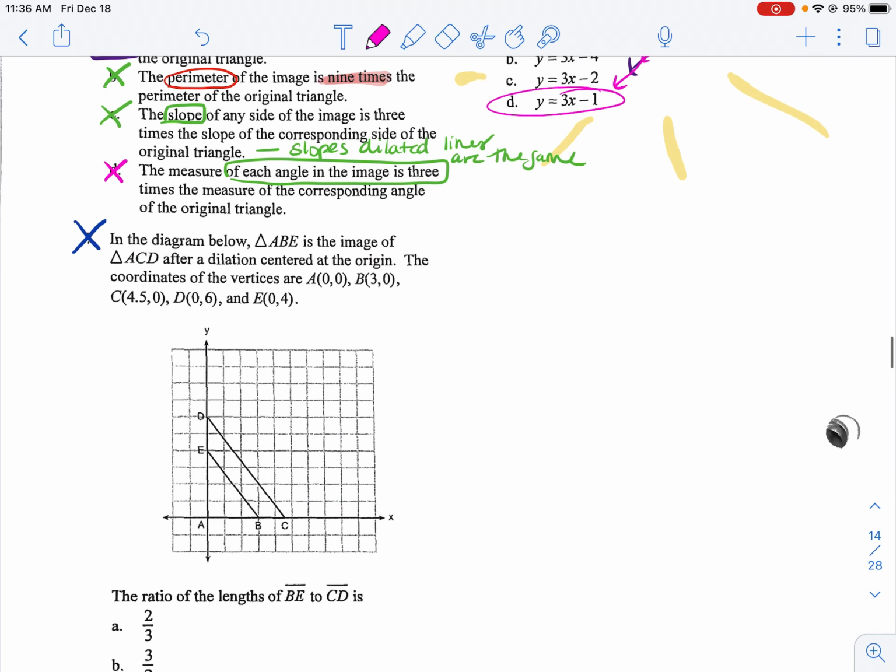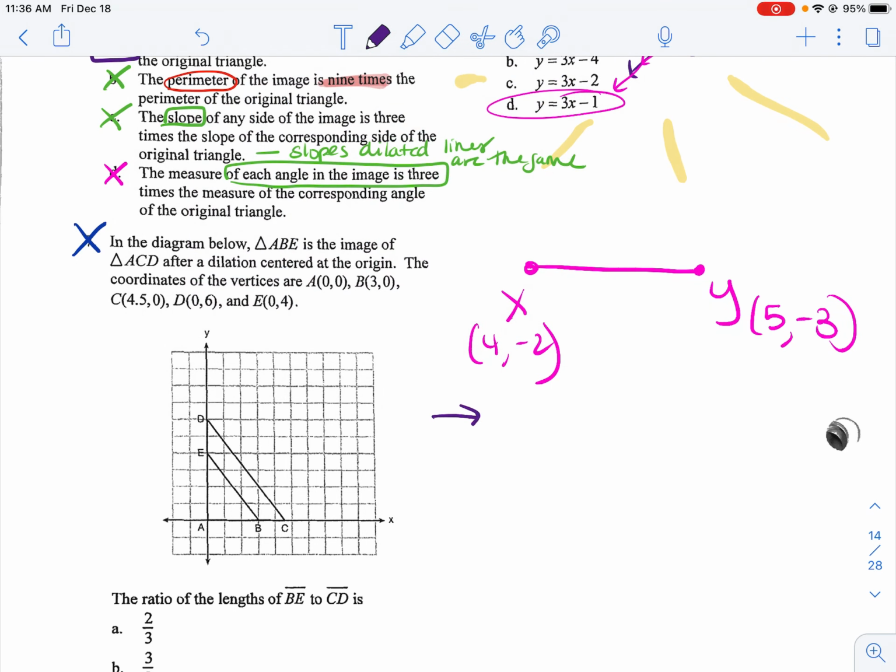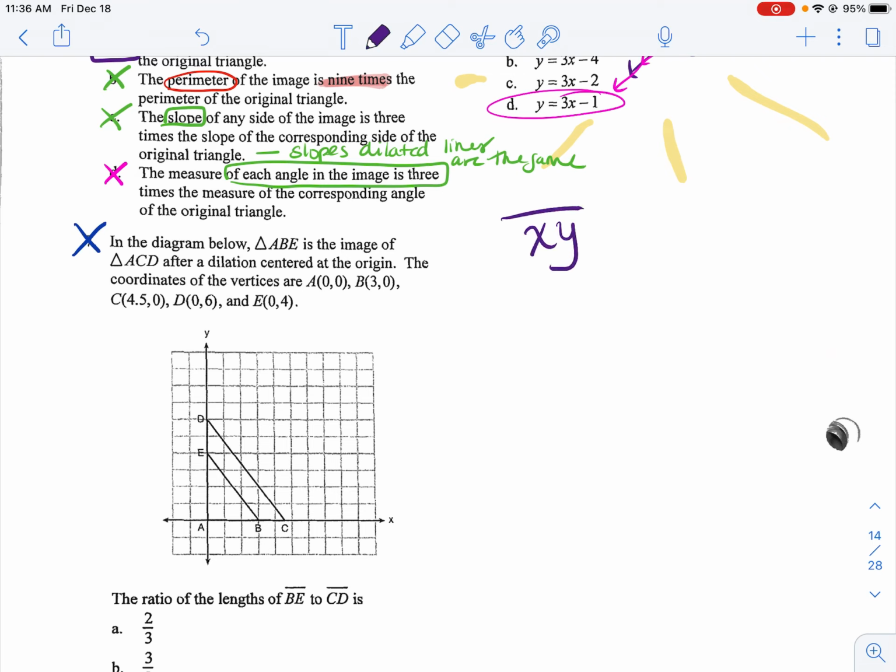with one little quick review. Let's say, guys, I had a segment XY, and X had the point (4, -2), and Y was the point (-3, 6).